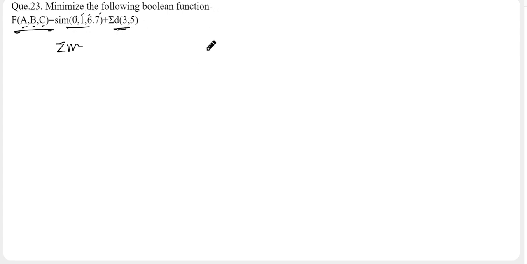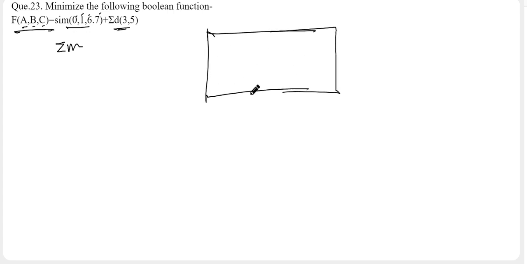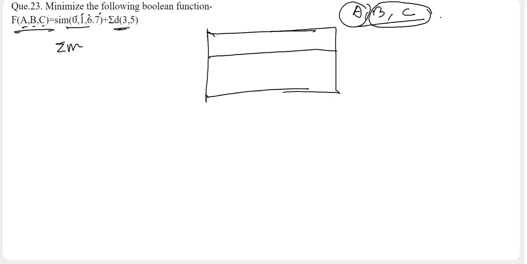Okay, so let us construct the K-map. So our K-map is a three variable K-map. So for example, these variables are A, B and C, right? So we are using A to specify the row number in a K-map, and we are using B and C to specify the column number in the K-map.